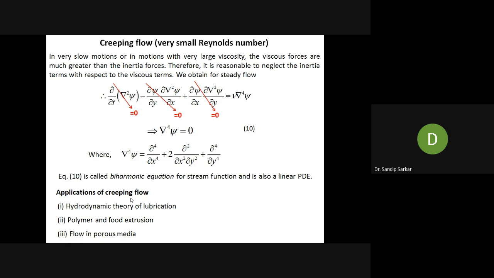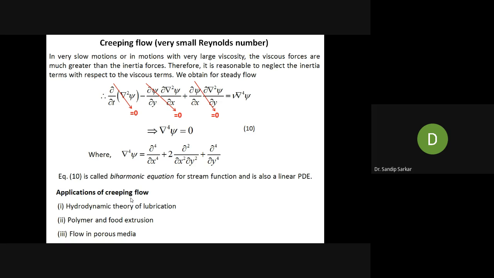For example, flow through a micro channel, because there are certain classes of flow when the channel height is very less. Suppose you have a two-dimensional channel where the height of the channel is, for example, 50 micron or 20 micron. Those kinds of channel are called micro channels. So the flow through those types of micro channels is called the creeping flow situation.